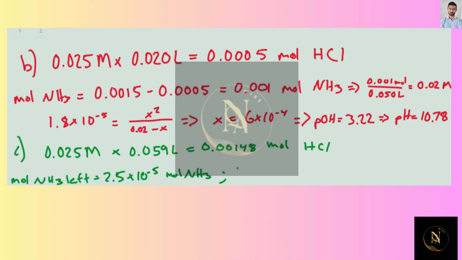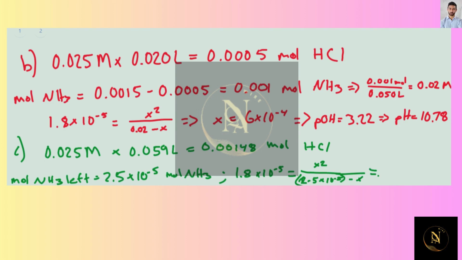So then our Kb is unchanged, 1.8 times 10 to the minus 5. Our initial concentration of NH3 has changed to be 2.5 times 10 to the minus 5, all minus x.